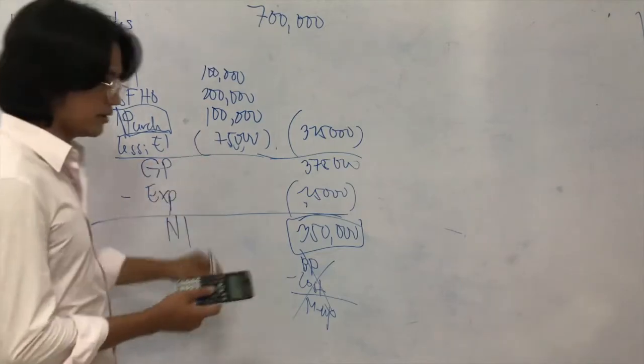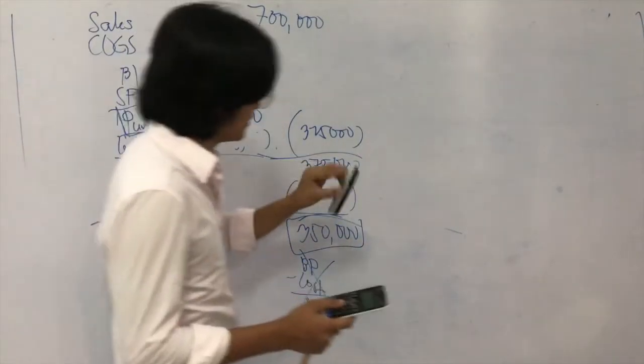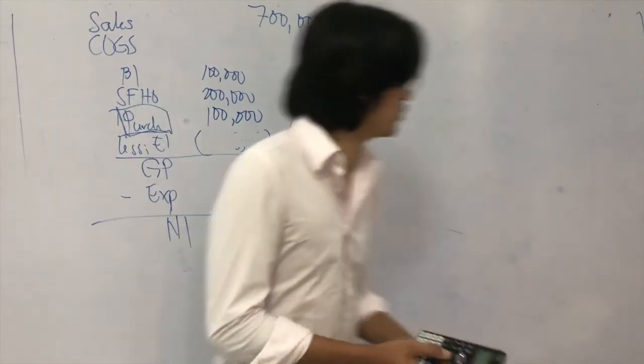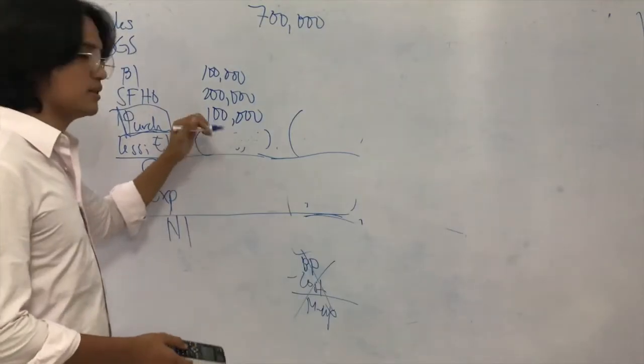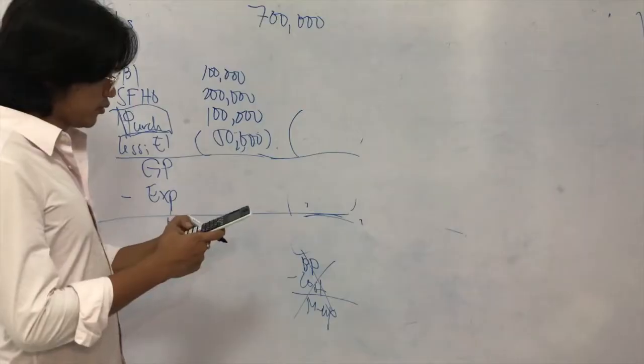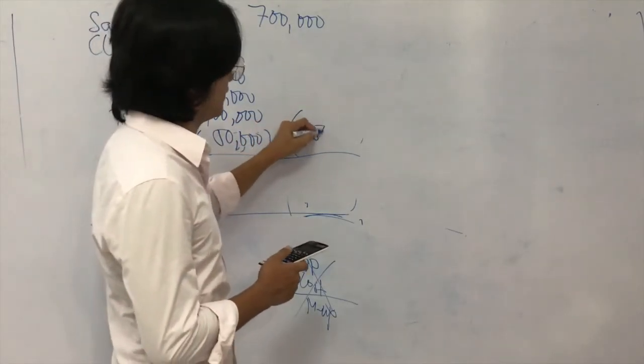Oh, sorry, there's a mistake. So this should not be 75,000. Instead, because we're talking about cost, the cost of this 75,000 is 50,000. That was my mistake. So 100 plus 200 plus 100 minus 50,000, we get 350,000.